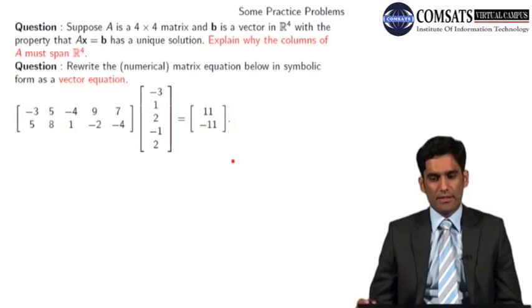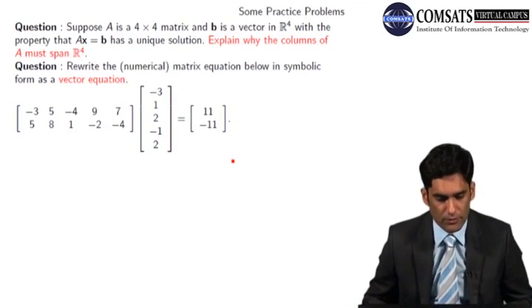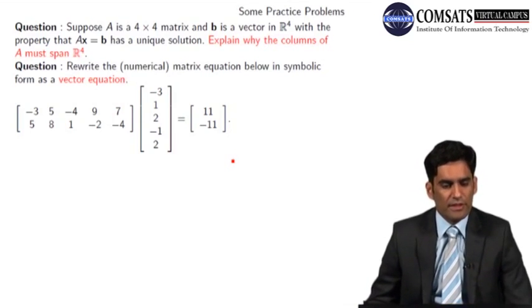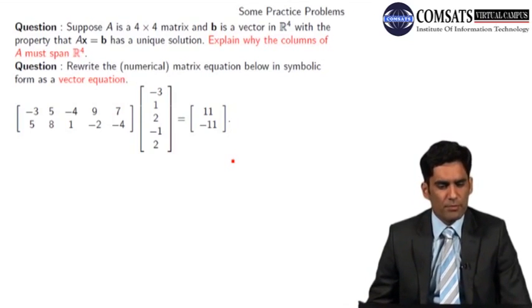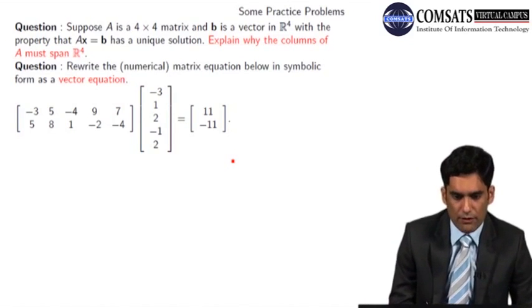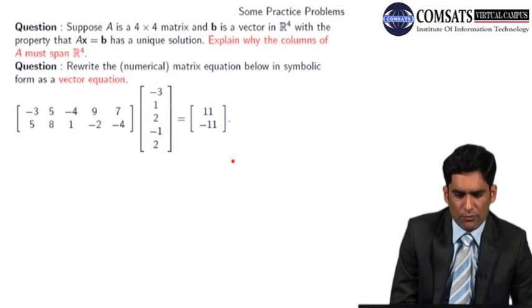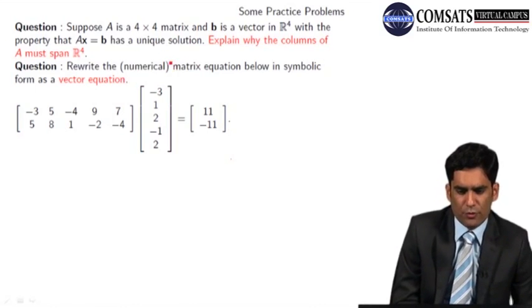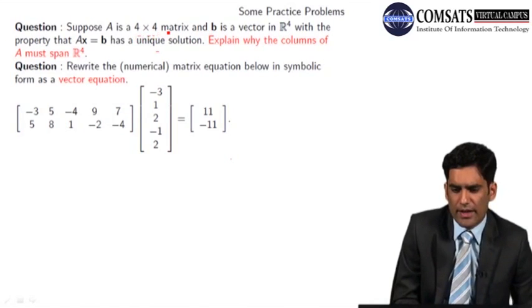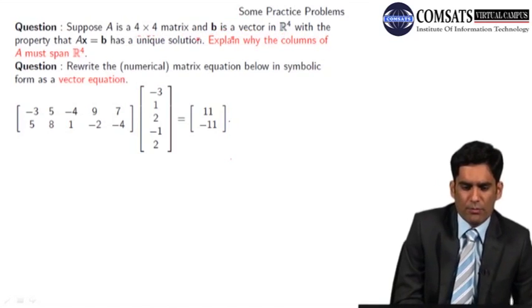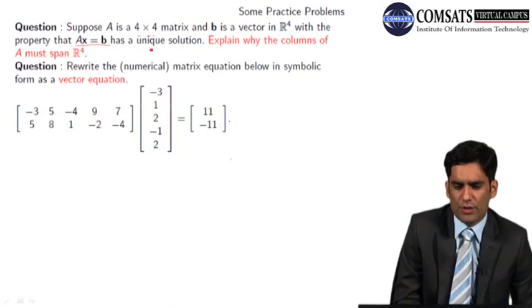So today we have lecture number 5, and these are the practice problems which I am going to solve now in this lecture. There are 2 practice problems. These are simple problems. Suppose the first problem is, suppose A is a 4 by 4 matrix, and B is a vector in R4 with the property that AX equals B has a unique solution.